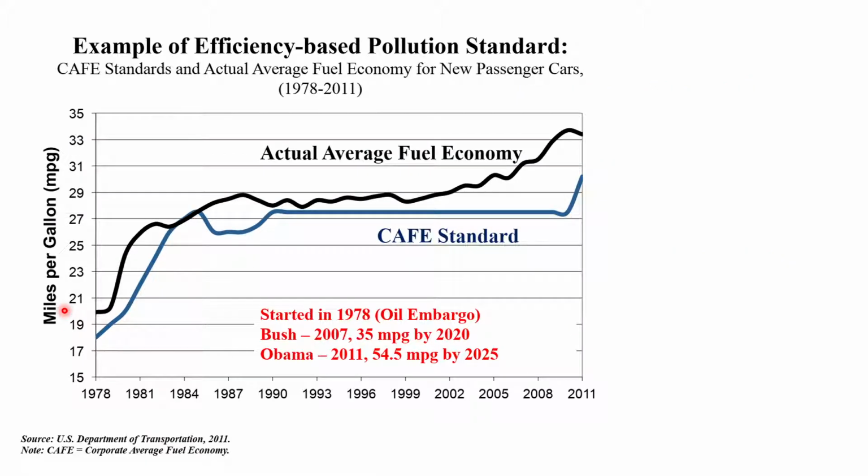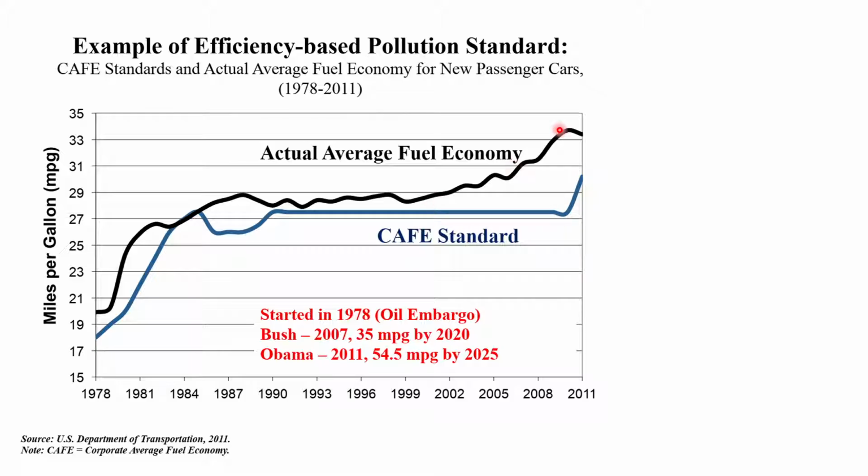Another, just a brief history on the CAFE standard. It was motivated by the oil embargo in the late 70s. Here the blue line is the CAFE standard over time, and the industry has clearly kept up and even went beyond the necessary CAFE standard.